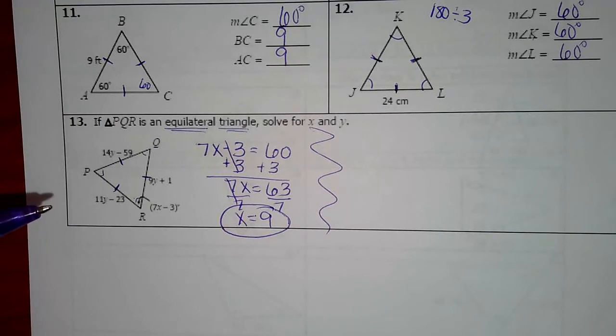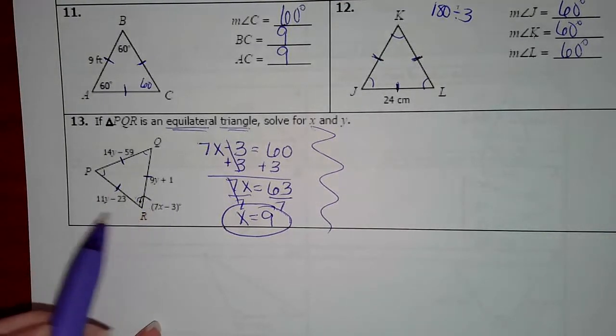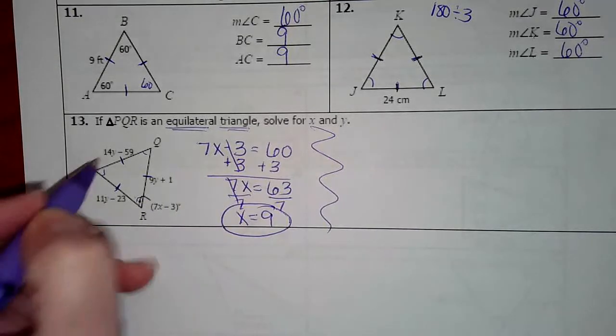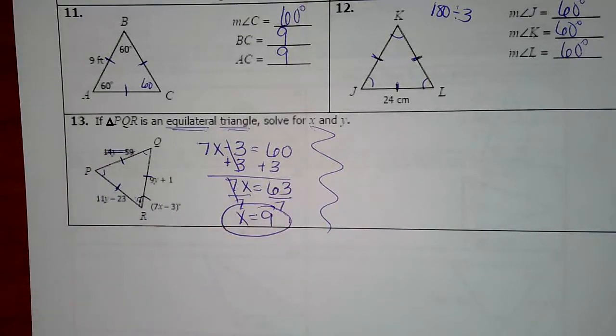In an equilateral triangle, all we know is that 2 of these sides are equal to each other. So what I would do is pick your favorite 2 sides and set them equal. These 2 sides have the smallest numbers, so those are the 2 sides that I'm going to pick. So that means this third side here, I don't need it to solve for y.